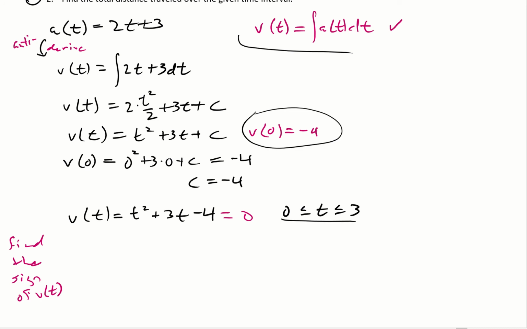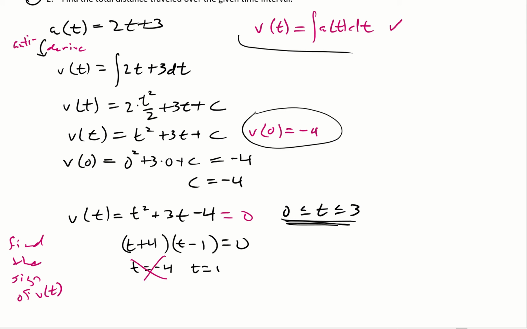So we set it equal to 0. Something I'm teaching right now in Algebra 2 is quadratic inequalities. He factors nicely: t plus 4 and t minus 1. Is that right? So we get t is -4, and t is equal to 1. Look at the time interval.